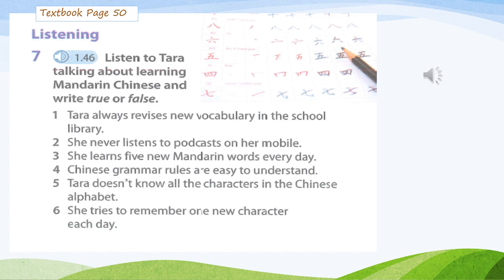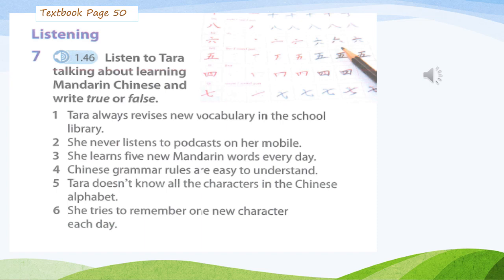Unit 4. Review. Exercise 7. I'm learning Mandarin Chinese because I think it's very important to learn another language. It's a difficult language, but it's good fun, and I've got a great teacher.